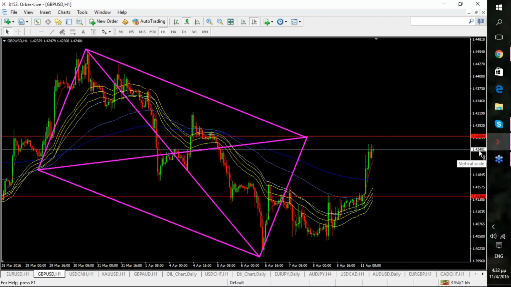You've got 1.4240. It is definitely an ideal price to sell, but I would like to be more certain by first looking at the next hour candle to look at more pressure to the downside, and then I could aim at the 1.4136 area.